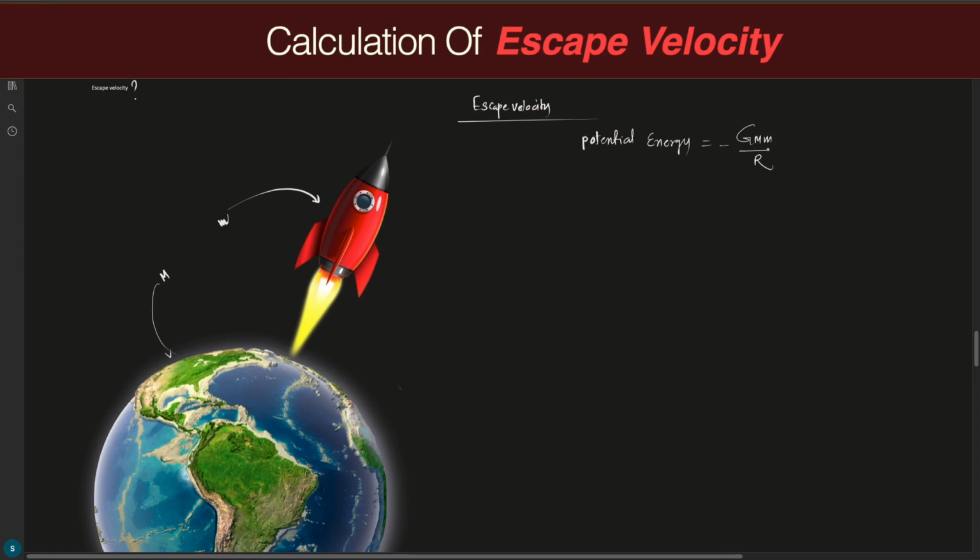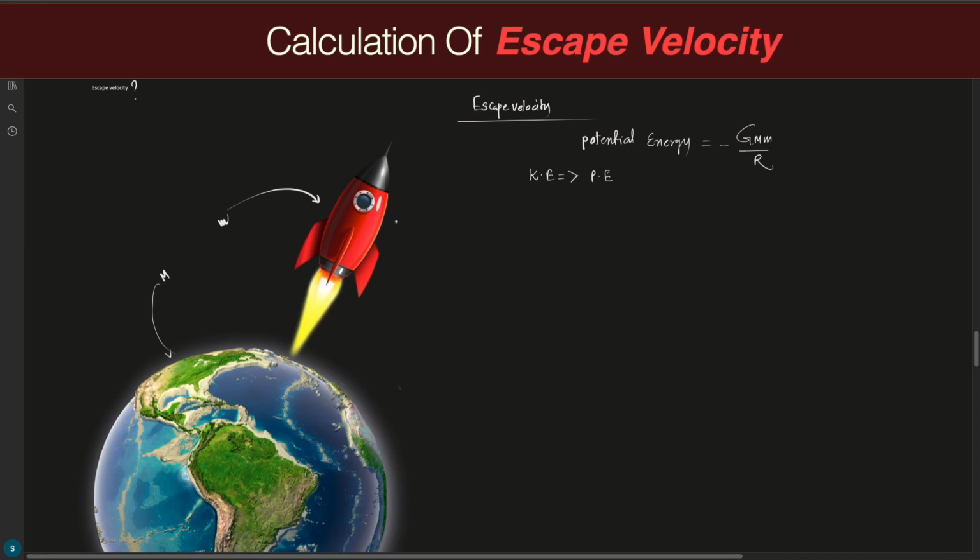If you have a large velocity, you will gain a lot of kinetic energy. So in order to overcome this potential energy, we need to have kinetic energy, right? If the kinetic energy is equal to or greater than the gravitational potential energy, then only can we escape the earth's gravitational field.